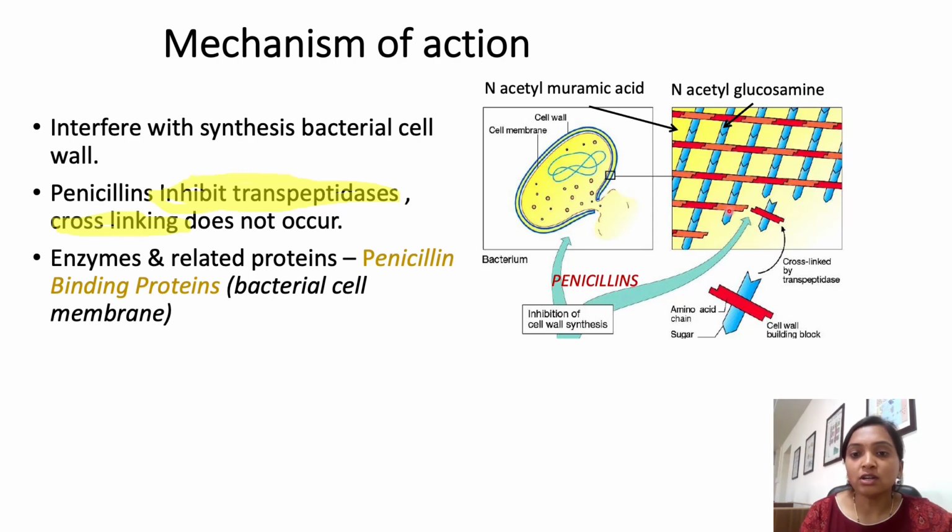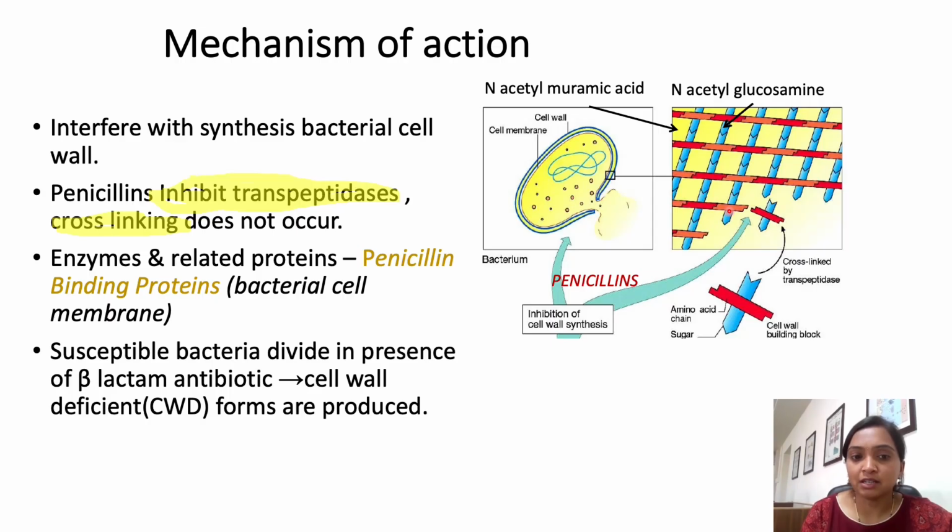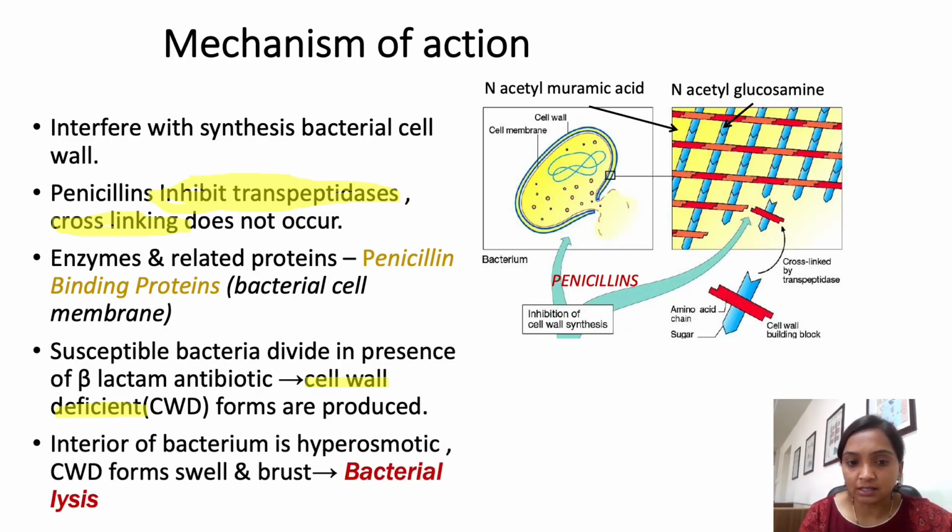Okay, this is what is inhibited by our penicillin group of antibiotics, and that is why they result in a deficient cell wall. Okay, and what happens then, the water enters into the bacterial cell, causing hyperosmosis, and the cell will swell and burst, resulting in bacterial cell lysis.